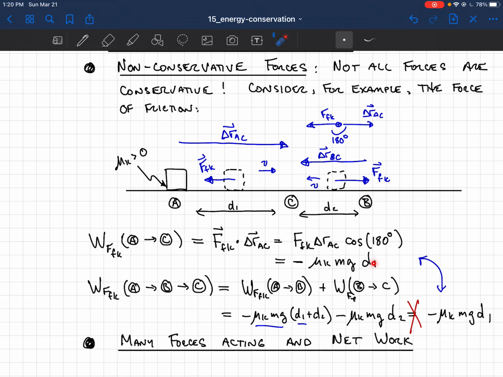If I go directly from A to C, I get this value. If I go from A to B and back to C again, I get something larger in absolute value, more negative, so it's not equal. So friction is not a conservative force.